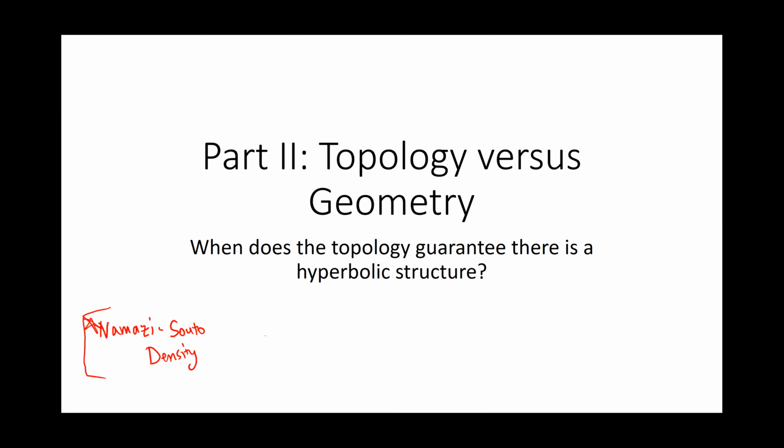There's also a survey paper by Dick Canary that similarly is quite well written after these major theorems were proved. I don't have the title of that one off the top of my head, though, unfortunately. I think that actually Namazi and Souto may cite it. So start there for the infinite volumes is what I would recommend.